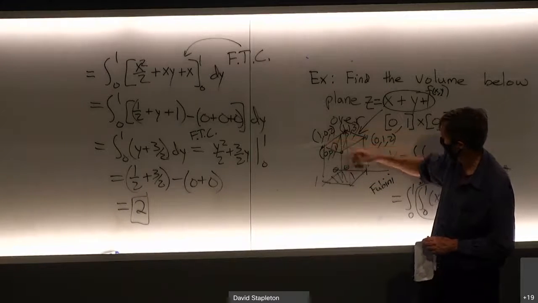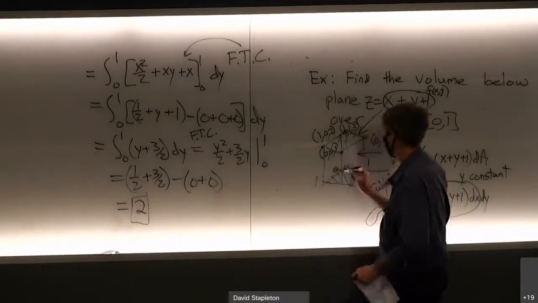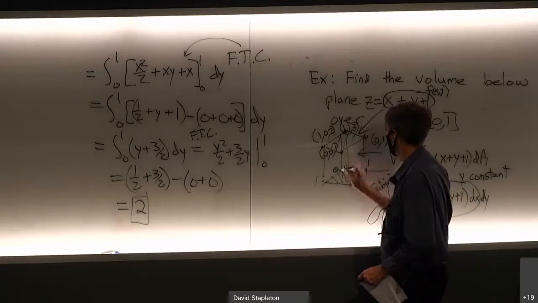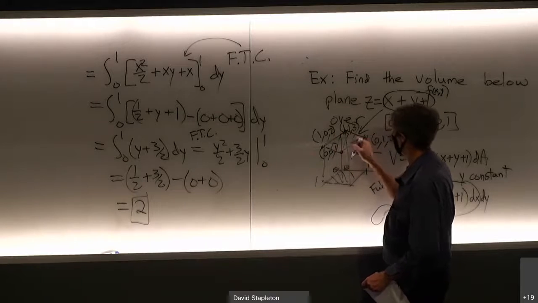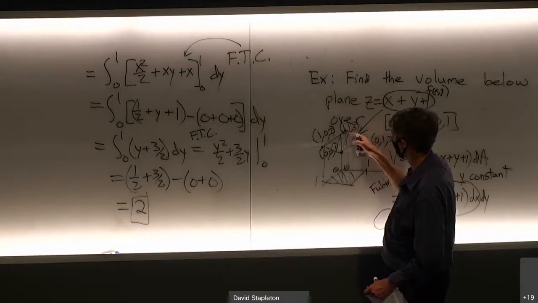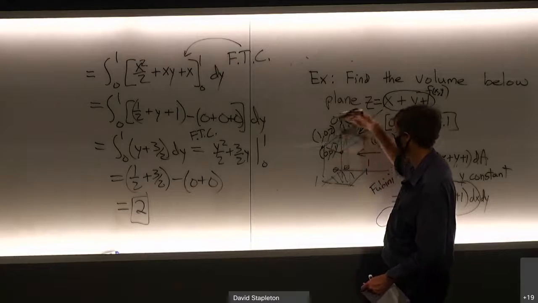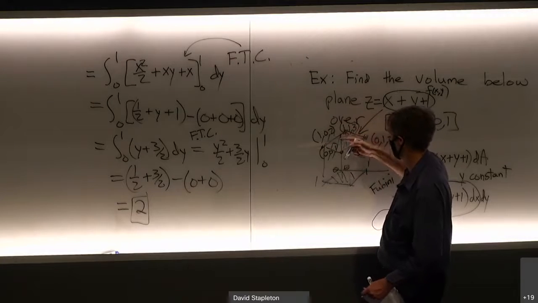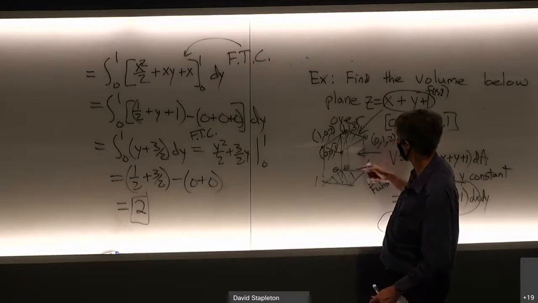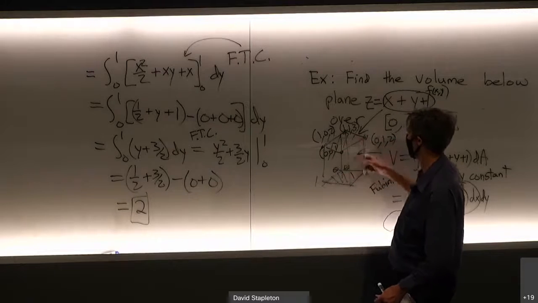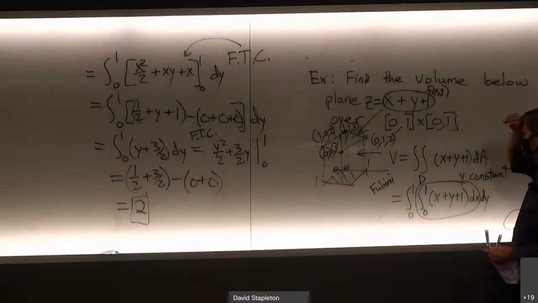If you took the rectangular box with the same base and halfway up here, it would have the same volume because the volume below the surface above it and the volume lost below it would cancel each other, right? Since it's just a plane, it goes up over the top the same amount as it goes below the bottom. Well, this one would be at 2 units high, and so it's a 1 by 1 by 2 box. You could double check your answer that way. So we could have guessed that one.